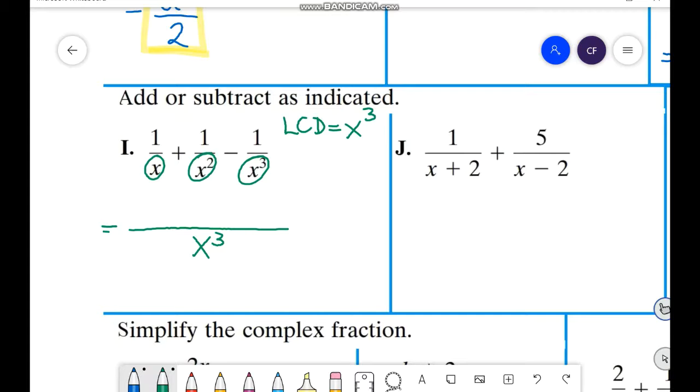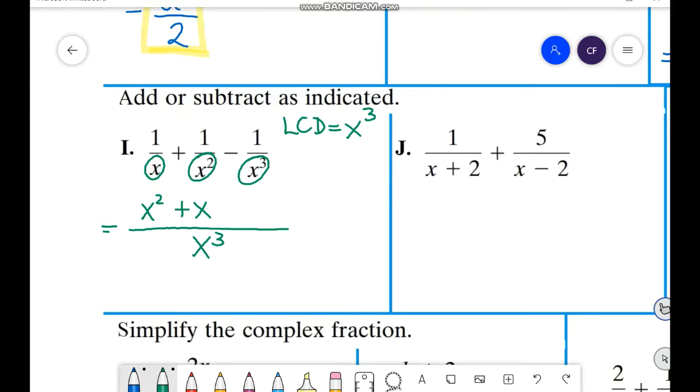The first fraction is 1 over x, so you need to multiply by x squared on the bottom and x squared on the top to have the least common denominator. The second fraction is 1 over x squared, so you need to multiply by x on the top and x on the bottom to have the least common denominator, x cubed, so plus x.